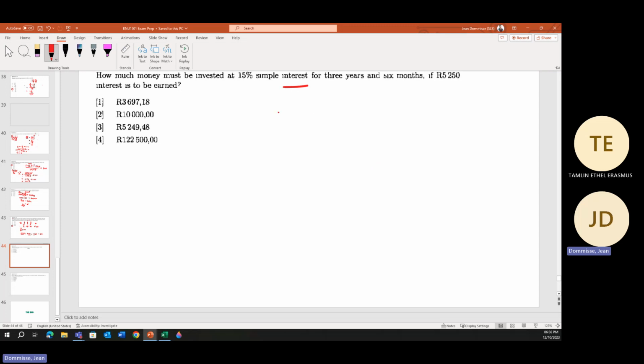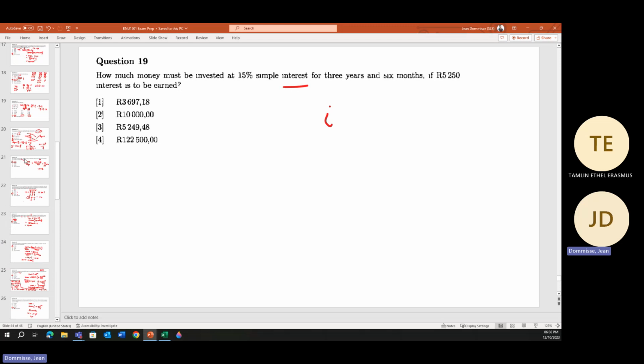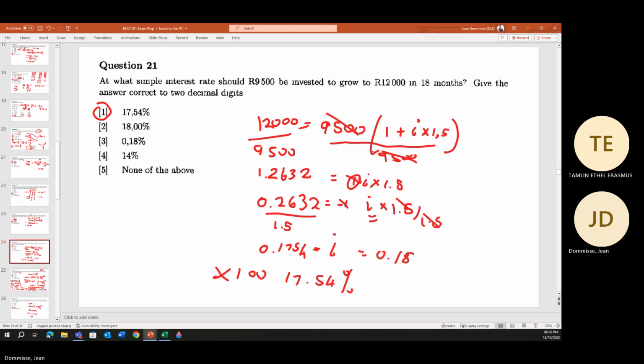So what is the simple interest formula? Sure. We did that. Let me quickly see now. Maybe we did it also in one of these questions, to see where the simple interest is.